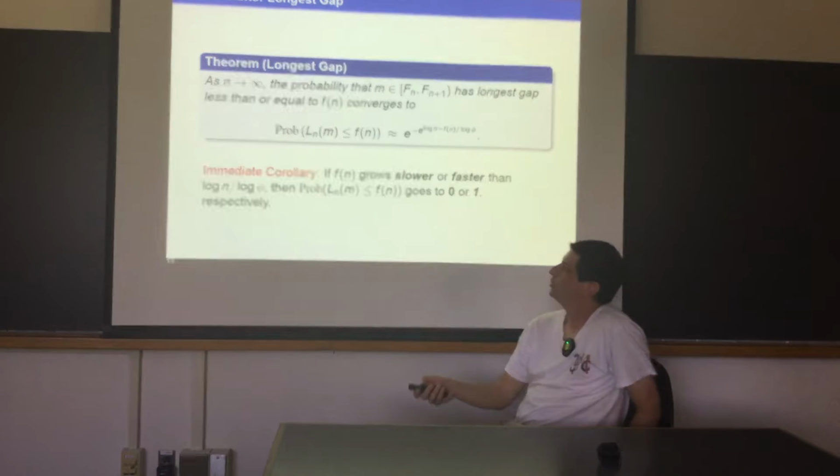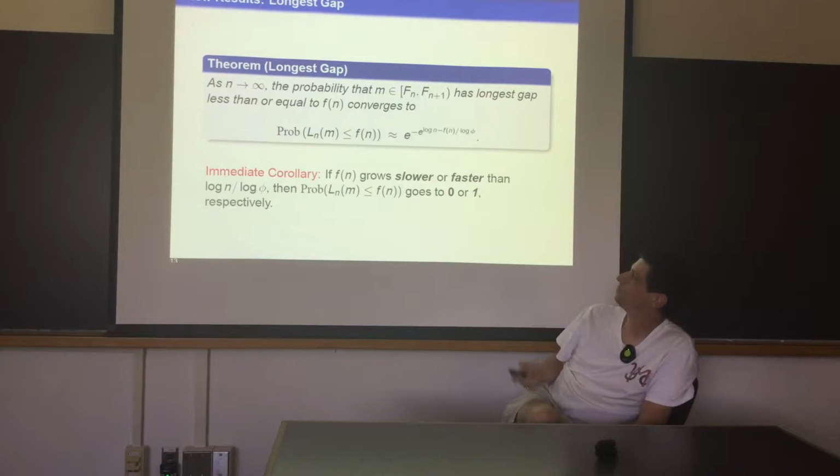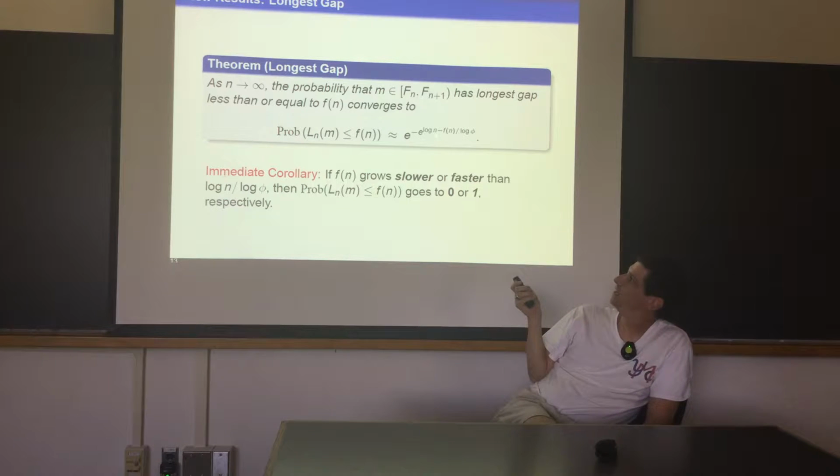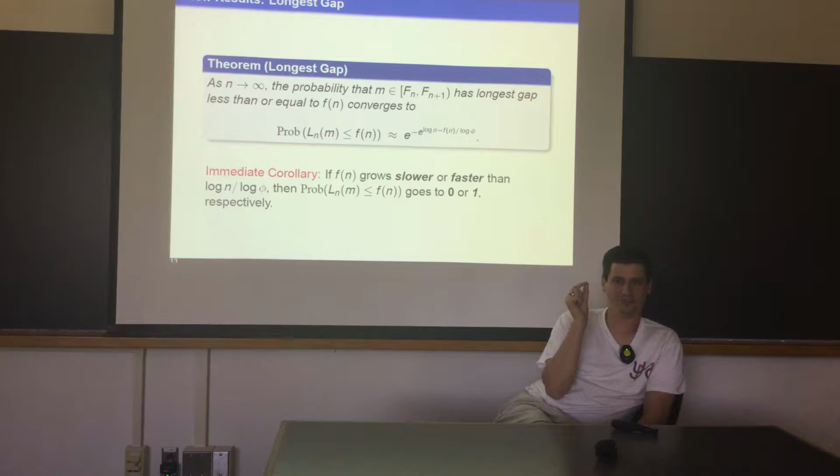So let's look at what's going on here. So let's say f of n divided by log phi is smaller than log n. Let's say it equals log n minus log n. It's smaller, but not by much.